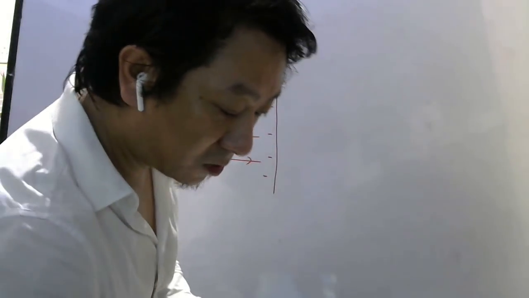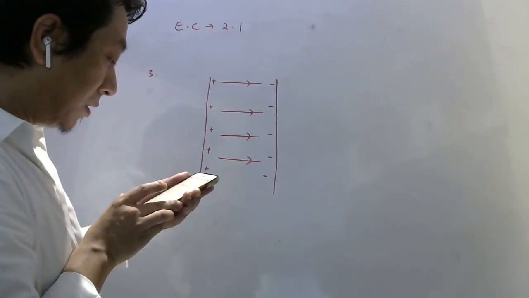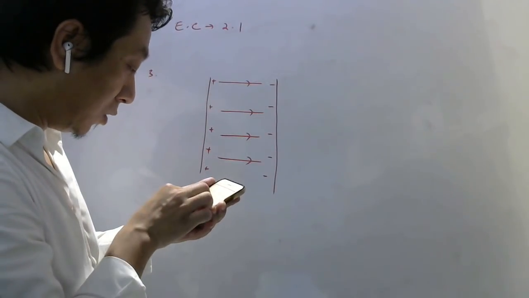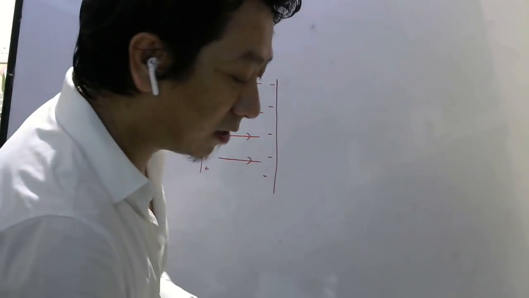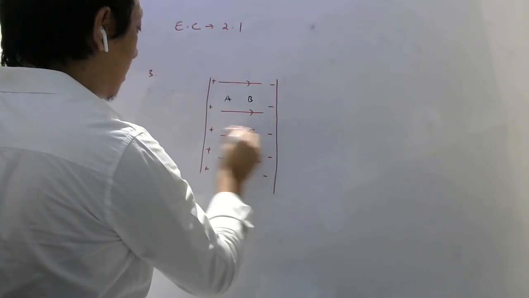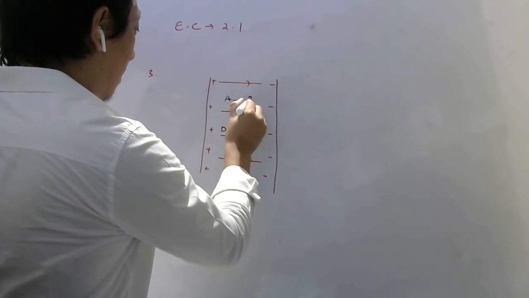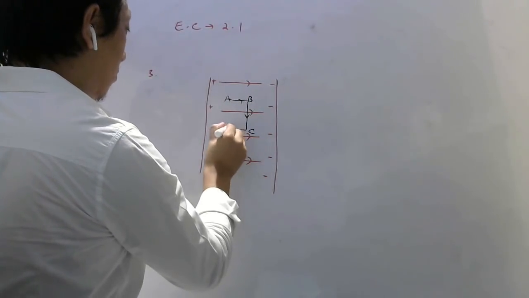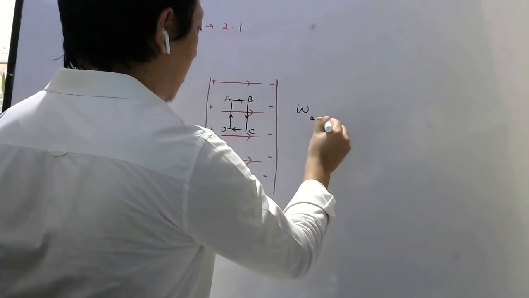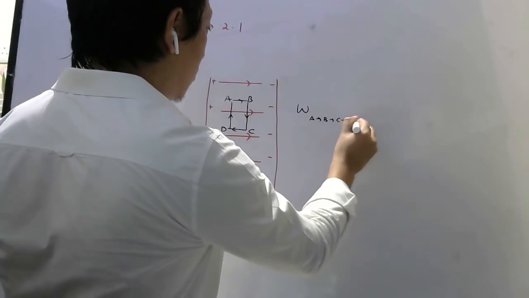So they are asking, what is the work done in moving a charge Q along the closed rectangular path ABCD? There is a path ABCD. It is a closed path. What is the work done to move any charge from A to B to C to D to A?